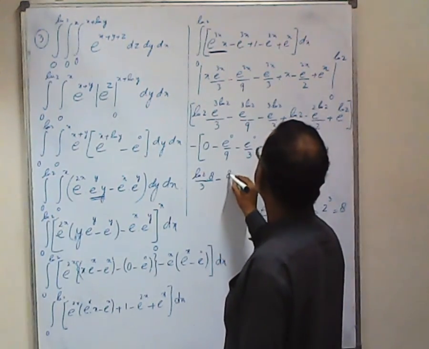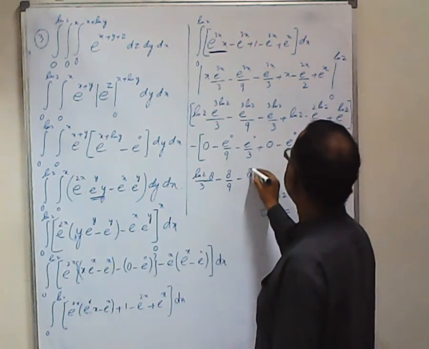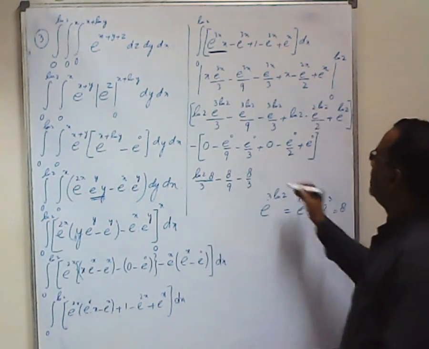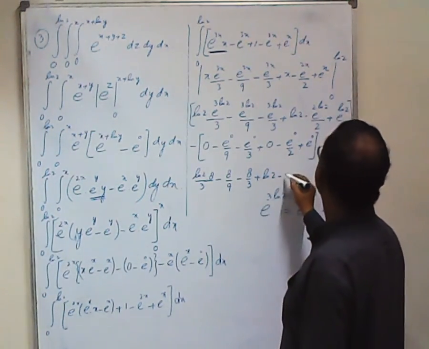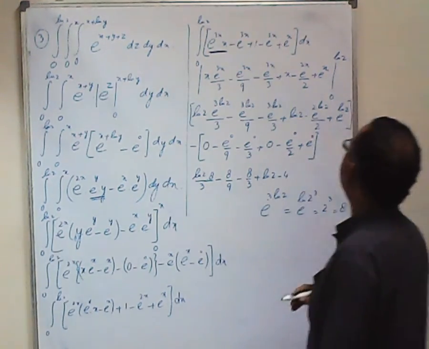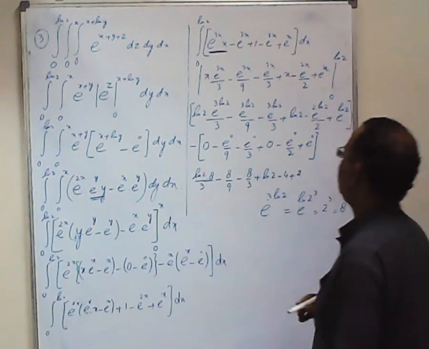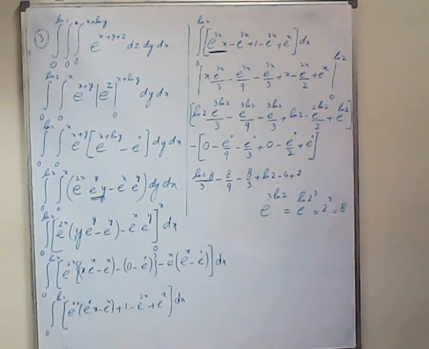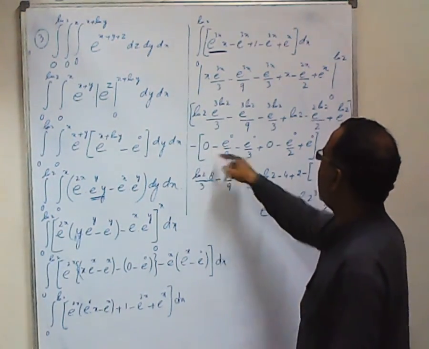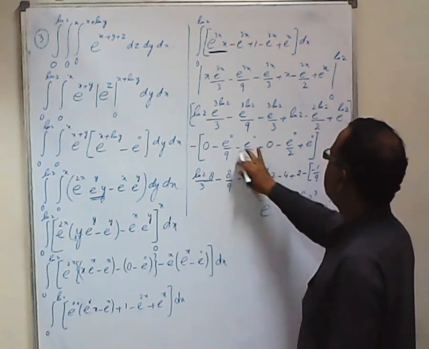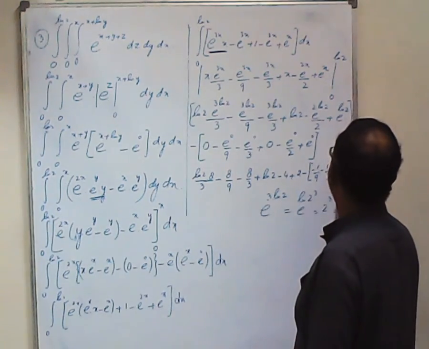Similarly here minus 8 upon 9, it is the same term. Here again minus 8 upon 3, then plus log 2 minus, this will be 2 squared, which means 4, and then e^(log 2) is 2. So this is the simplification of the upper limit minus the lower limit. This is 0 minus 1 upon 9, this is minus 1 upon 3, this is 0, this is minus 1 upon 2 and plus 1.